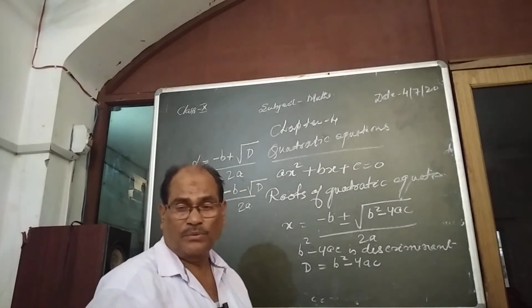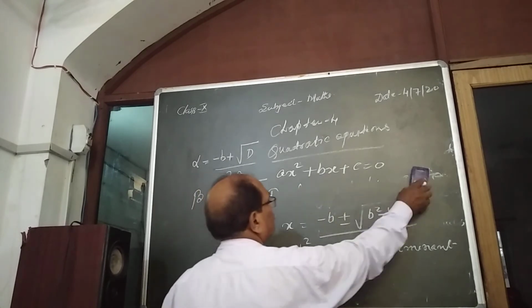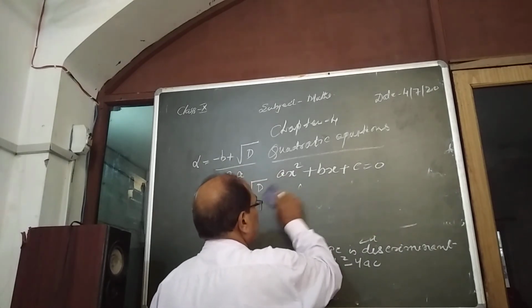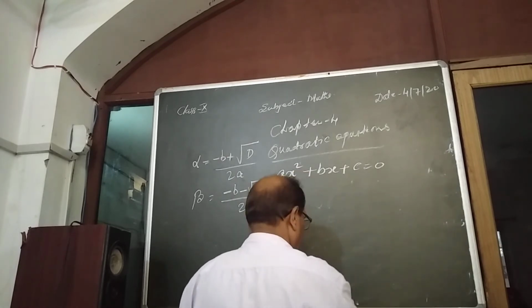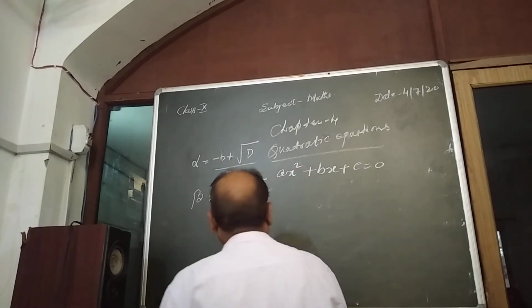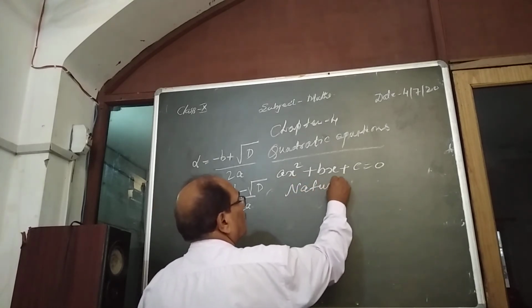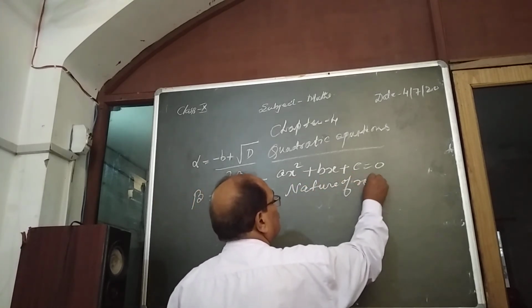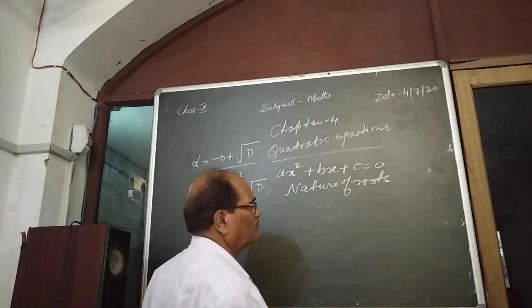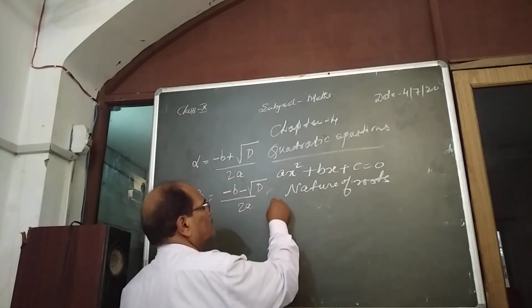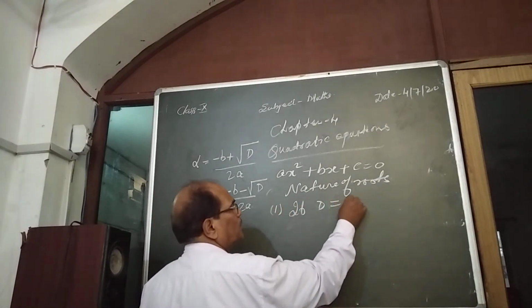Then after that we have to know the nature of roots. Nature of roots, or another word you can use, characteristics of roots. Both are the same terms. There are three characteristics of roots. Number one, if discriminant equal to 0.